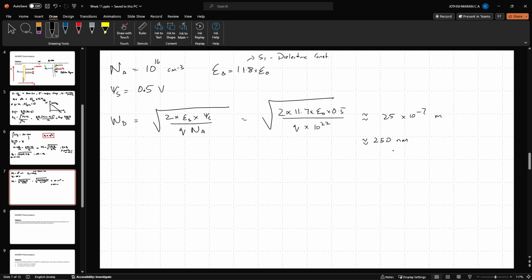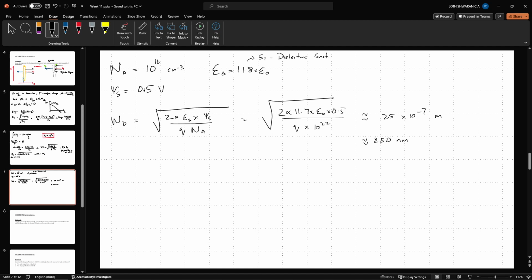So as you can see here, that's why I didn't want to take a larger voltage, because had I taken a larger voltage, this depletion width would have been enormously large. So what you can see here is, if I take Na equal to 10 to the power 16, then I have a depletion region that is actually pretty deep.